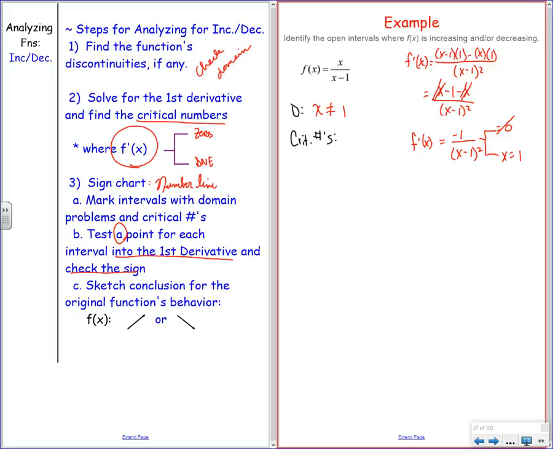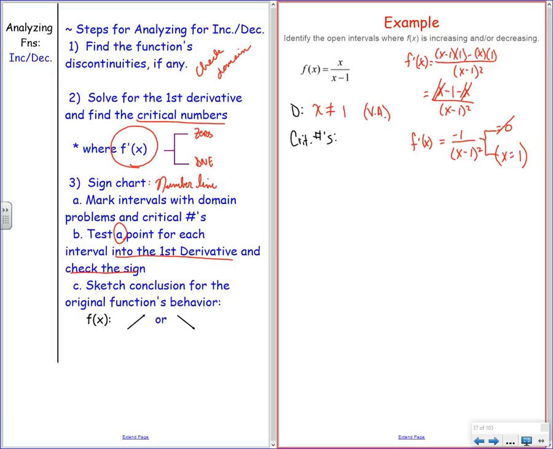But pause. What do we already know about the domain? It can't equal 1. So I'm going to put this in parentheses. Yes, we're going to include it, but there is no derivative here either. The derivative does not exist, it's a DNE, because of the denominator. But also the function isn't even there. And back in pre-calc, we wouldn't just say x cannot equal 1, we would say there's a vertical asymptote at x equals 1.